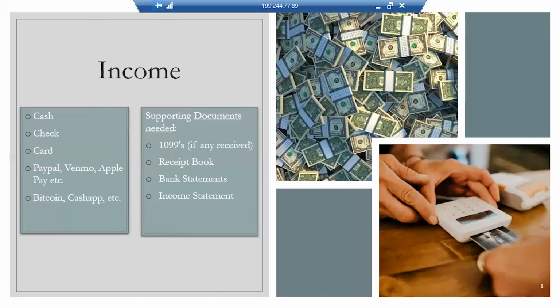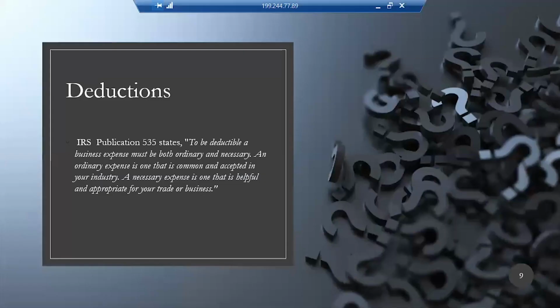So the next topic is deductions. What I've got up here on the screen is the IRS's definition of what a deduction is. IRS Publication 535 states that to be deductible, a business expense must be both ordinary and necessary.